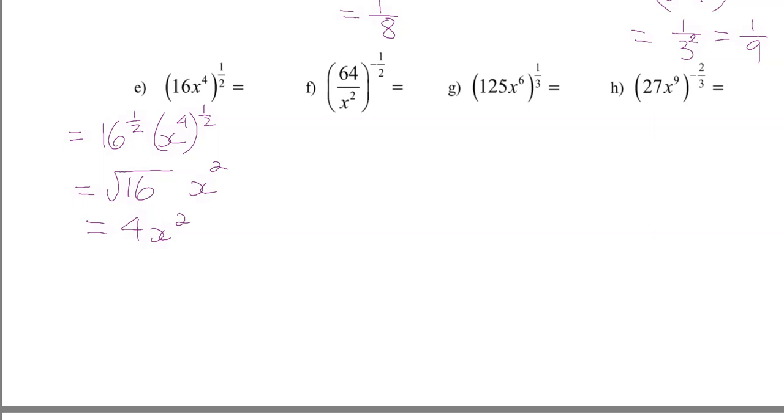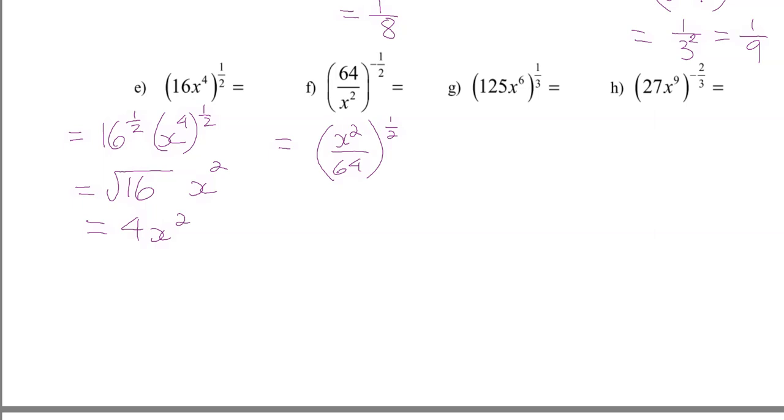If you have a rational, 64 over x squared, and it's raised to a negative exponent, then to change the exponent to positive, we just flip the rational. And then we can change the exponent to positive. So we could split it out, right?